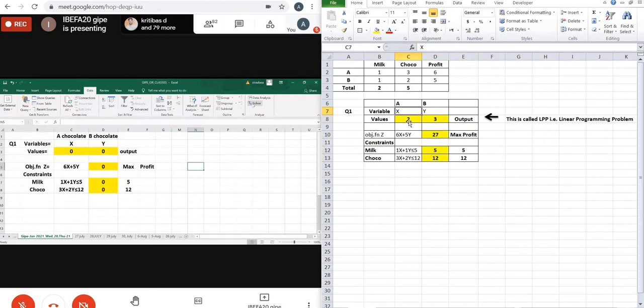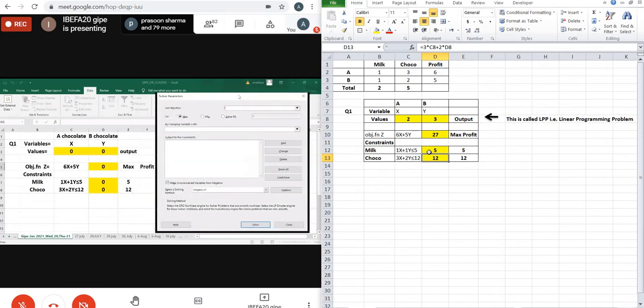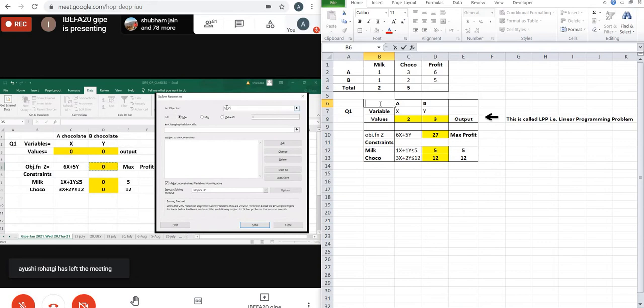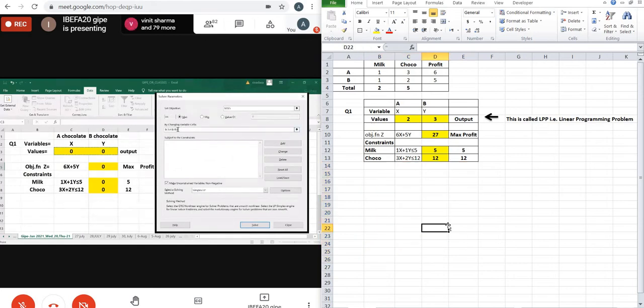I go to solver in data. The objective of this question is maximum profit, that is my D5. And the variables are C3 and D3.